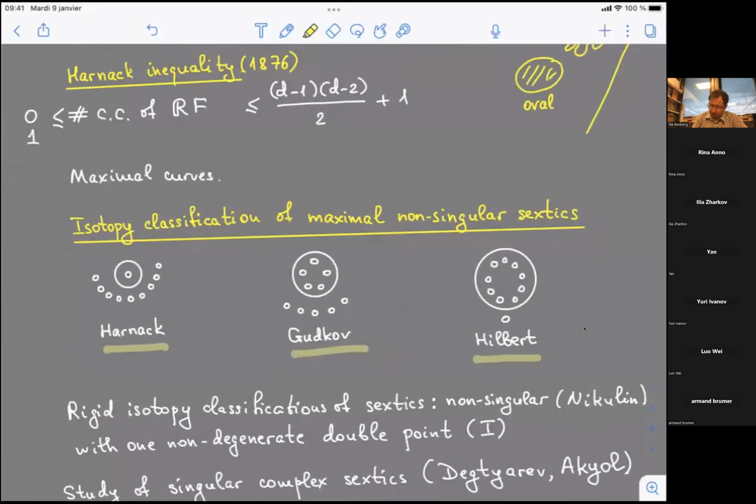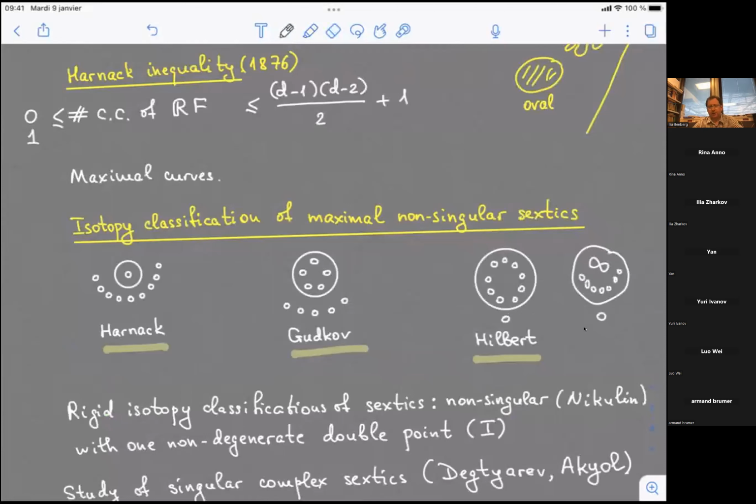And what can also happen is that one of the ovals is glued to another one. So you can see, for example, such a picture. You can get such a sextic, so 5, 6, 7.